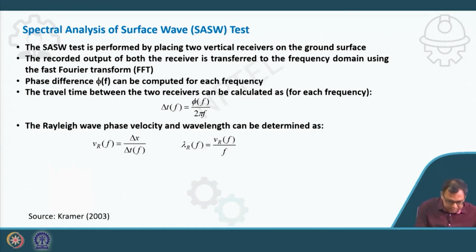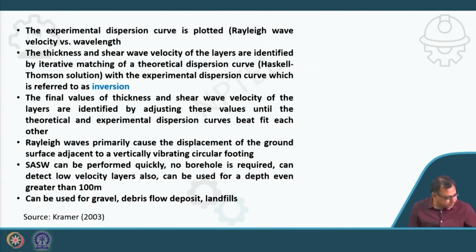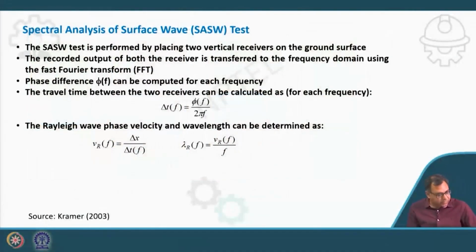How is it done? If this is the ground surface and this is your source, I will place two receivers, one here and one here. This is my receiver, this is also a receiver.